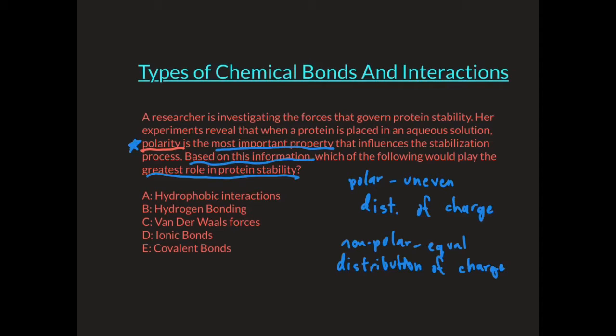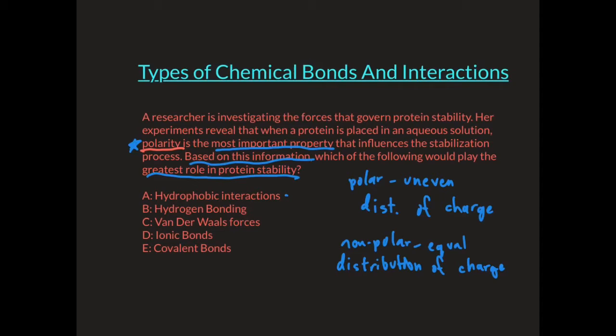Because remember, polar things like polar, and nonpolar things dislike polar. So the nonpolar things will attempt to exclude themselves from the polar solution as much as possible. So we know that hydrophobic interactions is influenced heavily by polarity. So this is definitely a plausible answer.